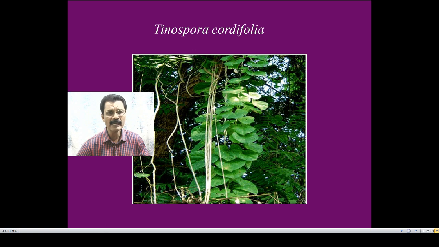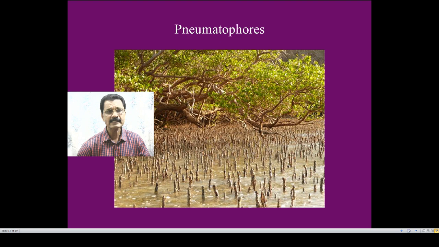Tinospora cordifolia, their aerial roots, adventitious roots, have chloroplast. Because of the presence of this chloroplast, they do carbon assimilation or photosynthesis. Tinospora cordifolia, heart-shaped leaves. Tinospora cordifolia, in Malayalam Amrit. They are the adventitious roots, aerial roots. They do carbon assimilation or photosynthesis.